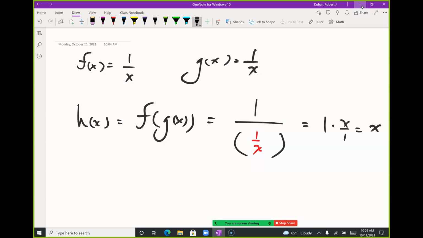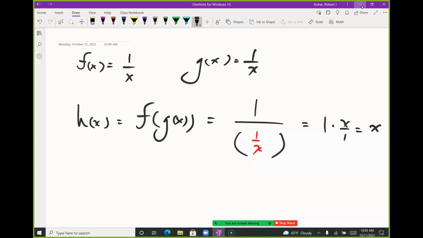There's something special about a composition of functions that has a result of x. But I have to make sure I work it both ways. I have to do f composed of g and g composed of f.